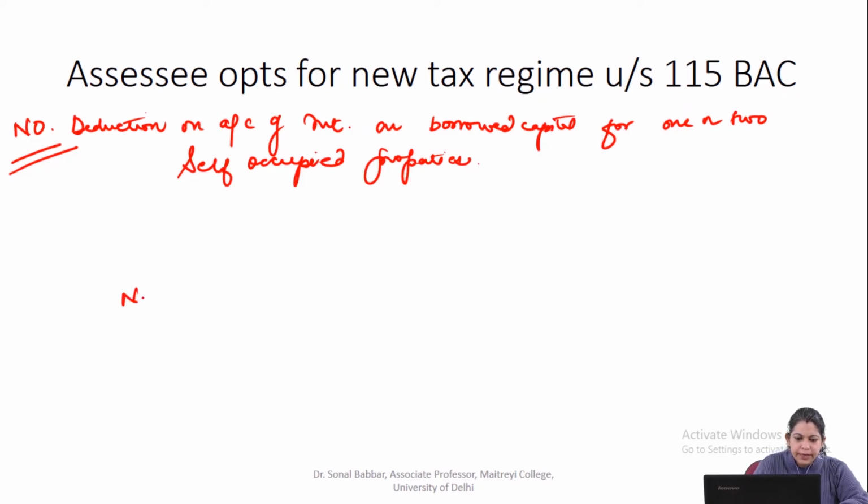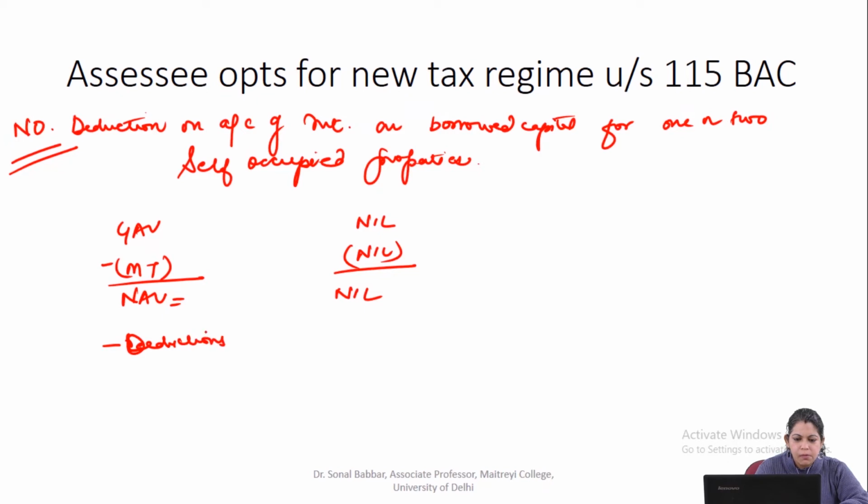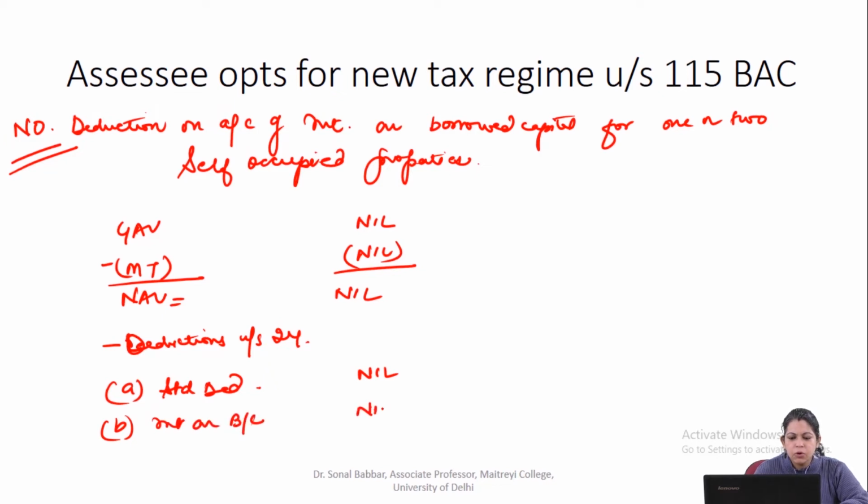So we will write NAV nil, GAV municipal taxes nil, standard deduction under section 24, which was already nil, and even interest on borrowed capital is no more allowed in case the assessee opts for the new tax regime under section 115BAC.